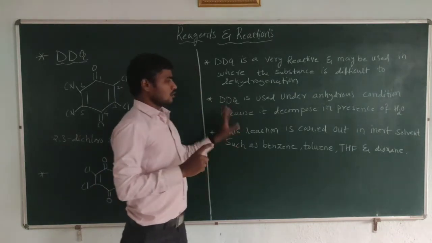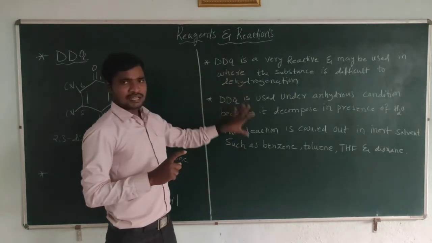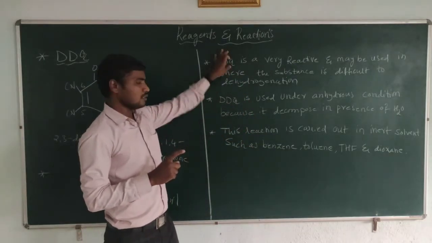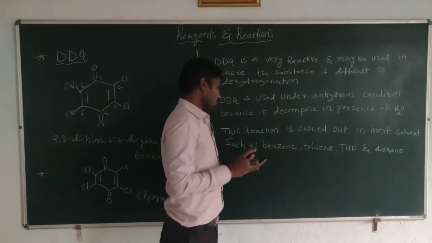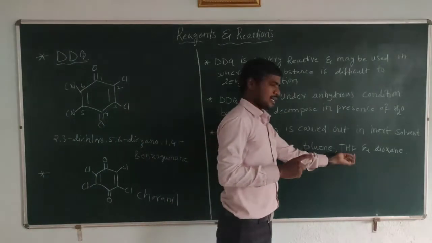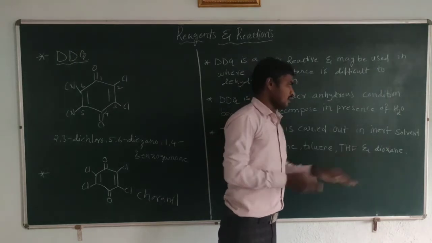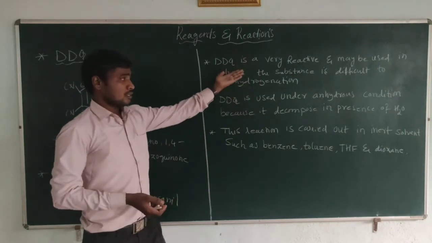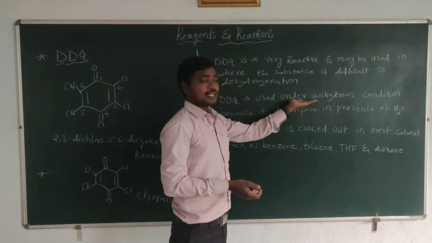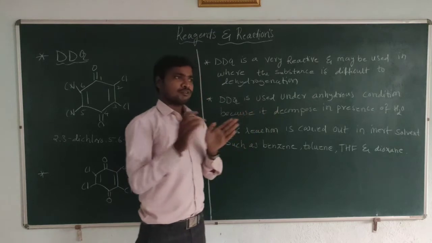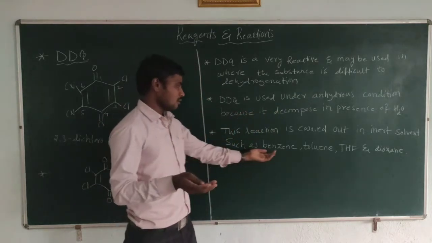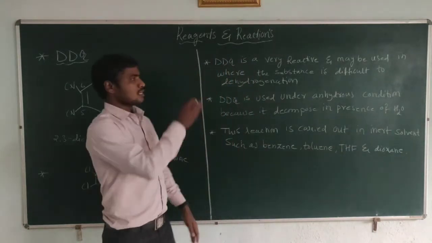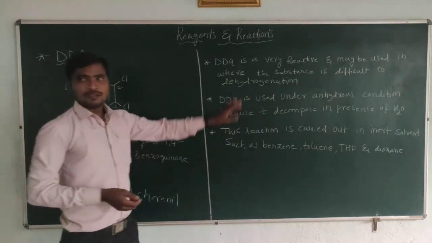In reactions using DDQ, we use benzene, toluene, THF, that is tetrahydrofuran, and dioxane as the solvent medium. Because the medium should be anhydrous, we have to use organic solvents like benzene, toluene, THF, and dioxane.